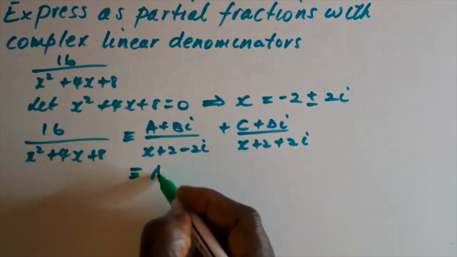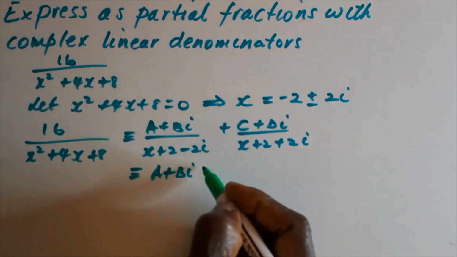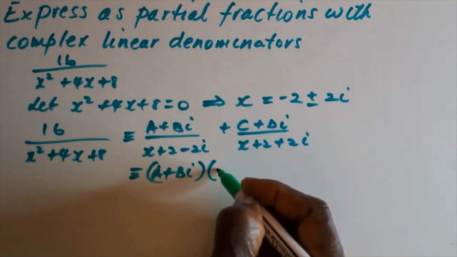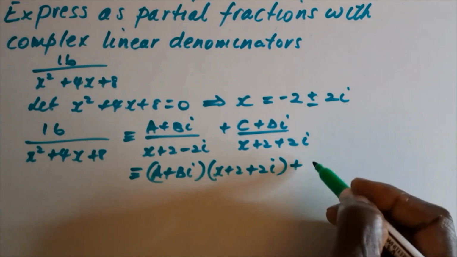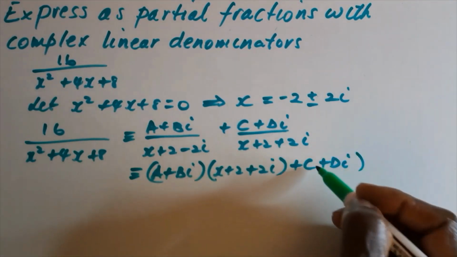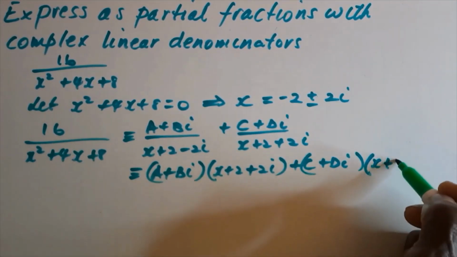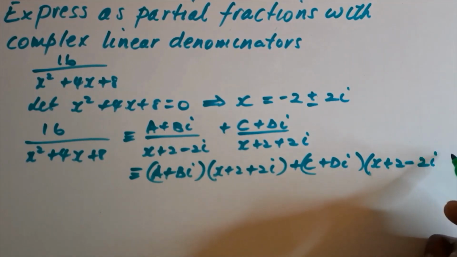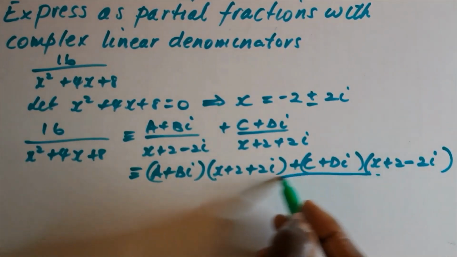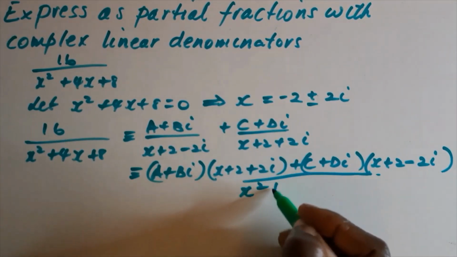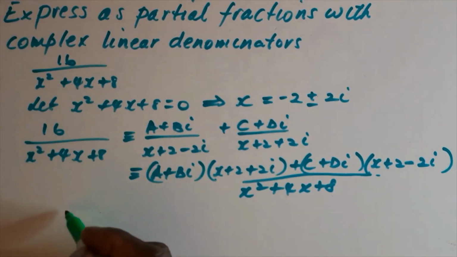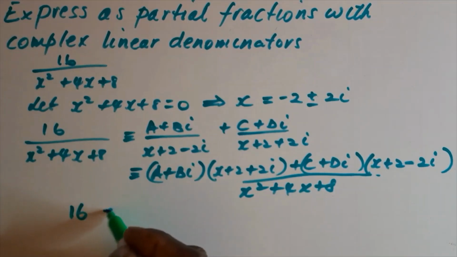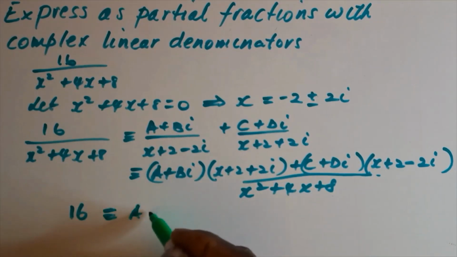You can write as a add bi, x add 2 add 2i add c add di, x add 2 minus 2i, and all of this over x squared add 4x add 8. We can eliminate both denominators because they're the same on both sides and write that 16 is equivalent to just the numerators.